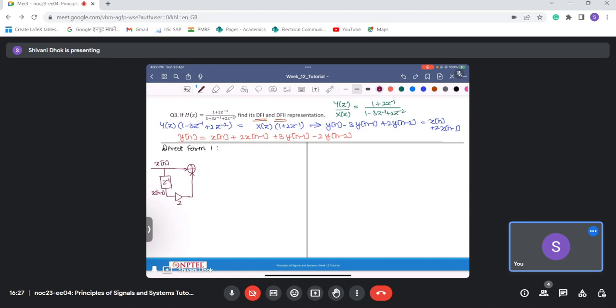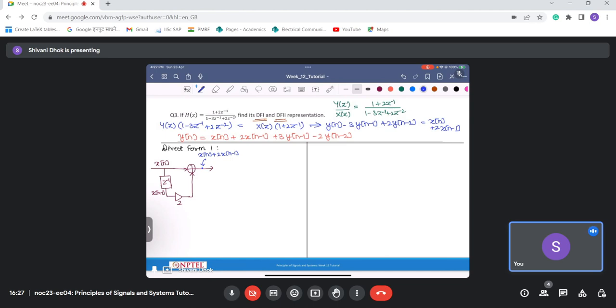So at this point what do we have? x[n] plus 2 times x[n minus 1], and we need something more to be added to this to get y[n]. Let's say this is my y[n].